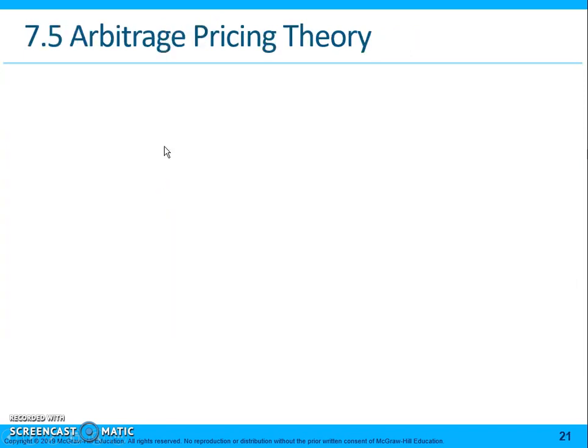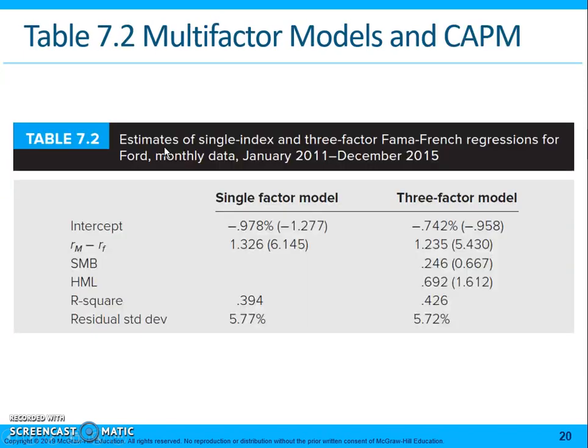However, with regard to Ford, our small minus big is definitely not significant, not anywhere close to 2. The high minus low, however, is getting close to being statistically significant, but it's not.